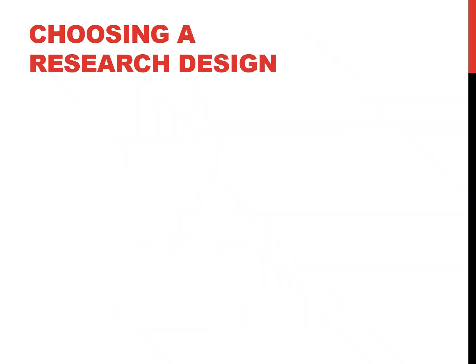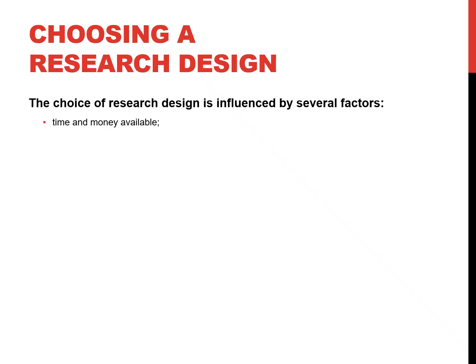Okay, so that suggests that there are a lot of different research designs available. So typically, as a market researcher, you'd have to make a decision, and there are a number of factors that can be considered: time and money, the availability of resources, the research problem, the aim of the researcher, the availability of scientific information.